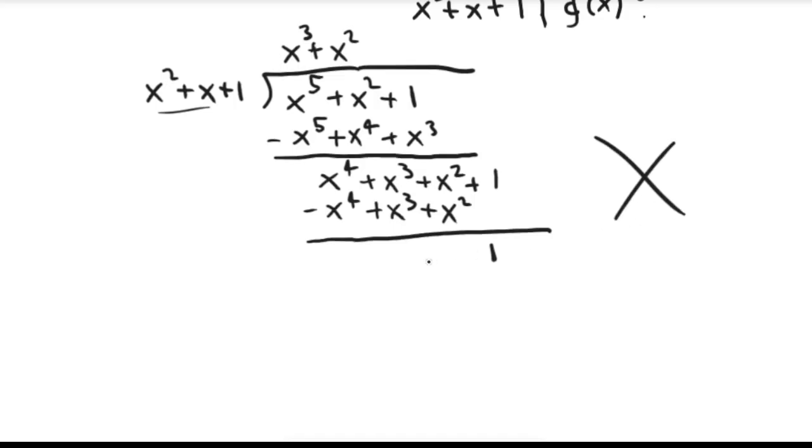So this division does not work. What this shows is that g of x, which was x to the fifth plus x squared plus 1, is irreducible because it has no roots and it's not divisible by a monic irreducible quadratic polynomial.